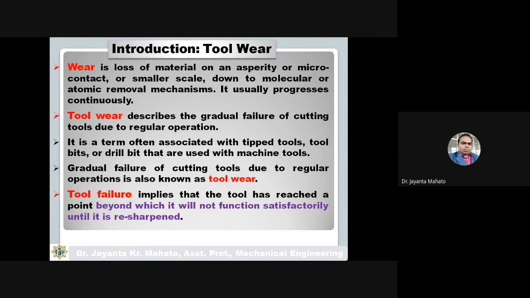Now, tool failure: when will the tool fail? The tool will fail at the point beyond which the tool does not function satisfactorily. What is the function of the tool? The function of the tool is cutting. So beyond that point, the tool does not cut satisfactorily.